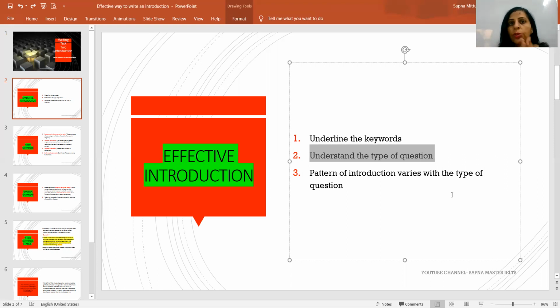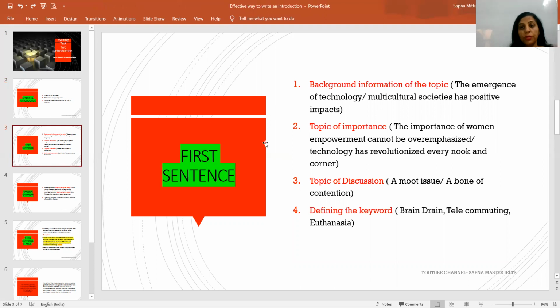Make sure that you listen to each and every word very carefully, because this is a short method to write an introduction in a perfect manner. Underlining the keywords, understanding the type of question, and the third thing will be the pattern of introduction according to the question, right?